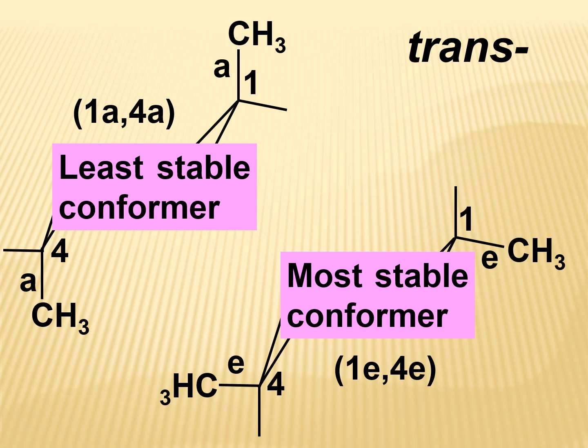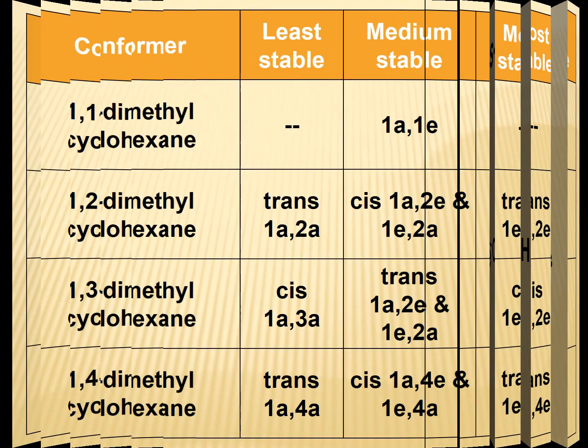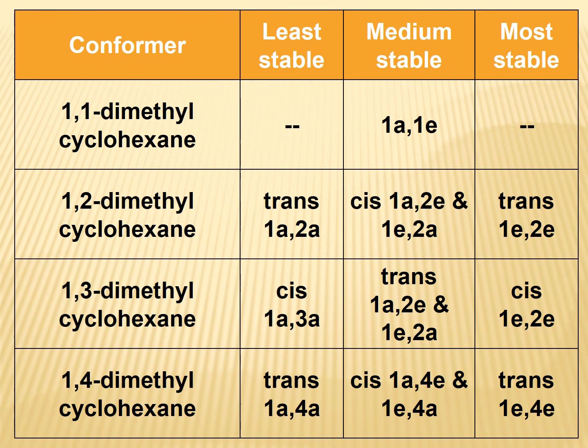Now let us look at the whole thing in a single sheet. You can see the conformer, least stable, medium stable and most stable. Here 1,1-dimethyl cyclohexane has only one form and that has medium stability. In the other cases, 1,2, 1,3 and 1,4, you get 4 different conformers, 2 cis and 2 trans.